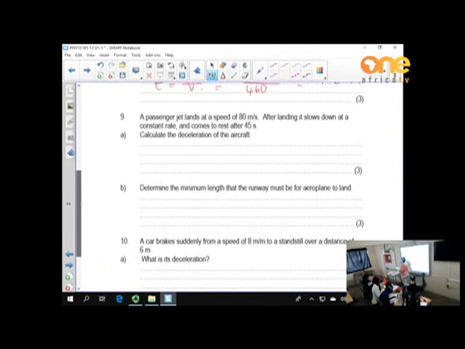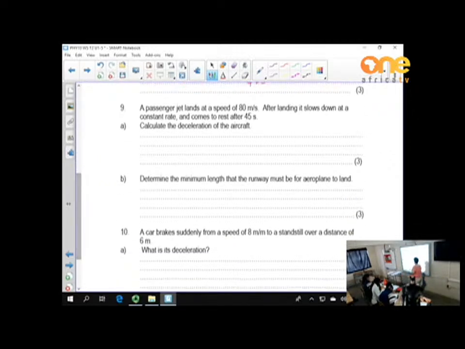Number 9. A passenger jet lands at a speed of 80 meters per second. In other words, the initial velocity is 80 meters per second. After landing, it slows down at a constant rate and comes to rest. So V equals 0 after a time of 45 seconds. Calculate the deceleration. In other words, we are looking for the acceleration.